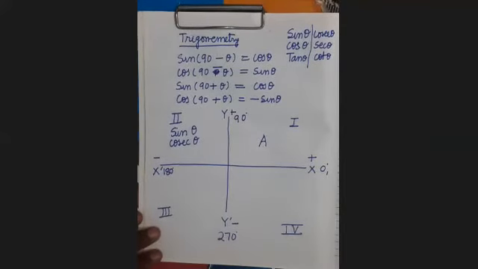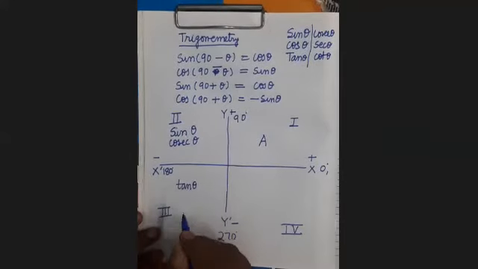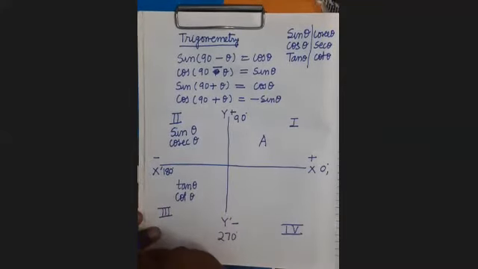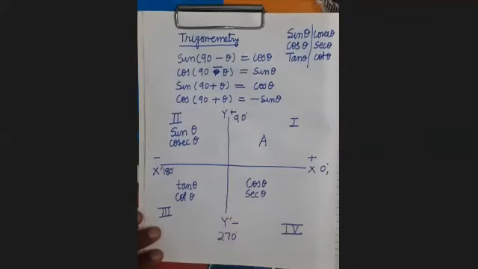In the third quadrant, tan theta and its reciprocal, cot theta, are positive. And in the fourth quadrant, cos theta and sec theta are positive, remaining all are negative. It's clear?